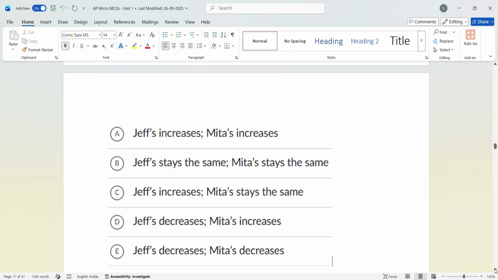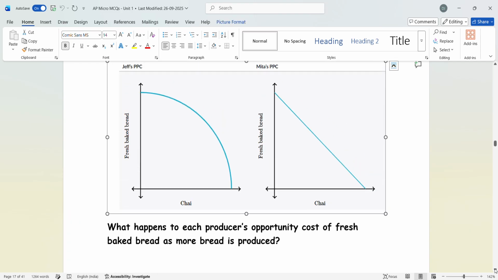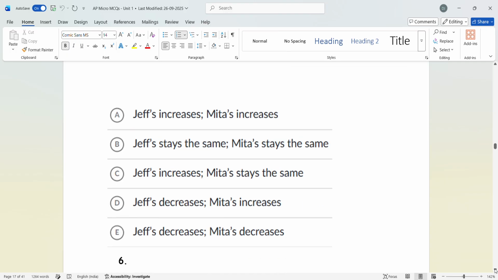Jeff's increases, Meta's increases; Jeff stays the same, Meta stays the same; Jeff's increases, Meta stays the same. Since Meta has a straight line PPC curve, obviously Meta's opportunity cost remains the same. And for Jeff's, it's increasing. He has to sacrifice more and more of one good in order to produce the other good. So the option is C. Jeff's increases and Meta stays the same.